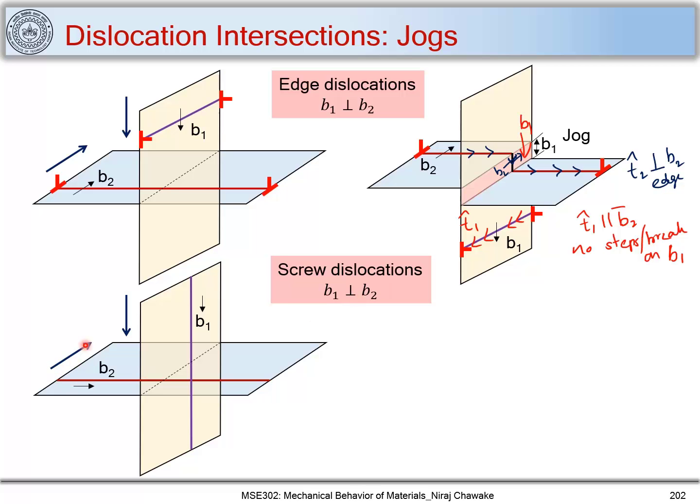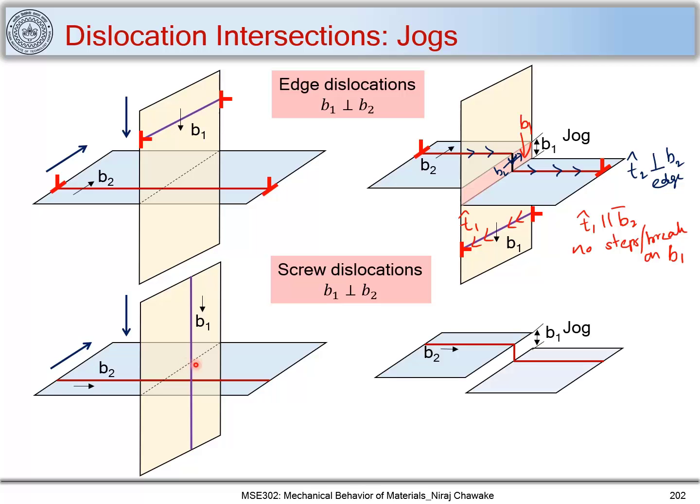Now let's see that this dislocation B2 moves in this direction and B1 moves down, and let's see when they intersect each other what kind of breaks they form. On B2 there will be a break because of intersection of the B1 dislocation.